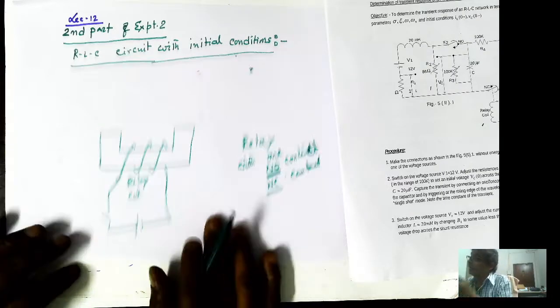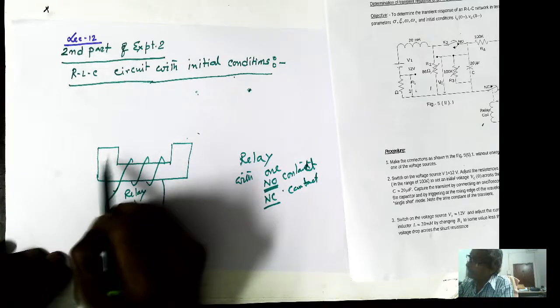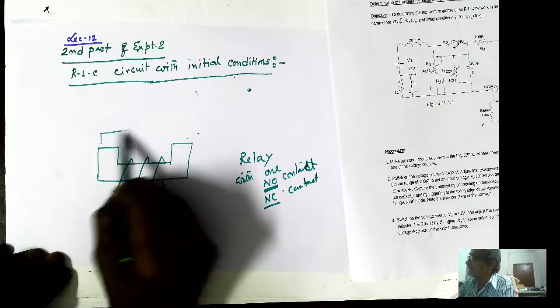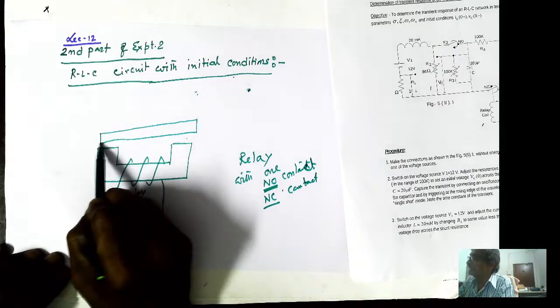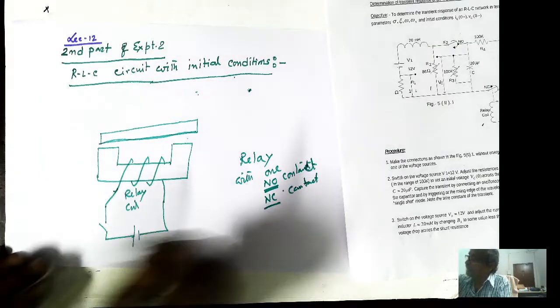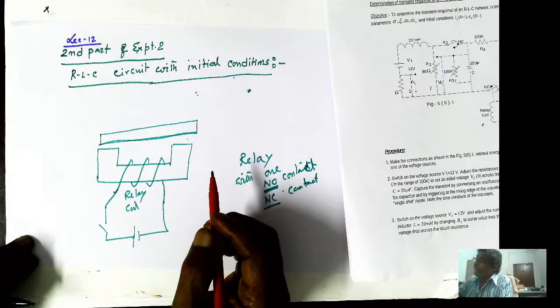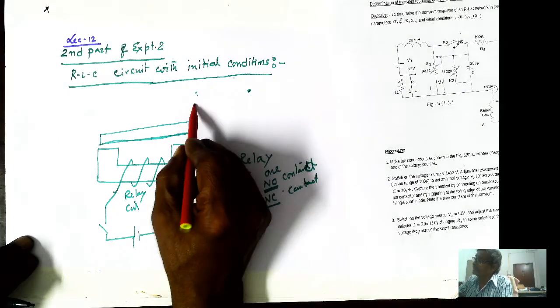Now this electromagnet has got a movable armature. Suppose it is an iron strip like this. This is an iron strip, and of course a spring is attached to it.